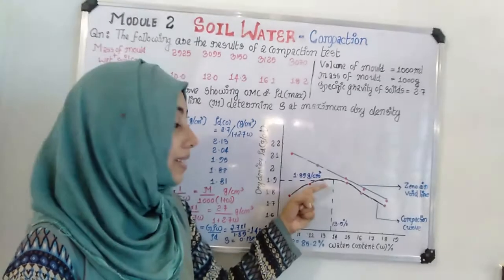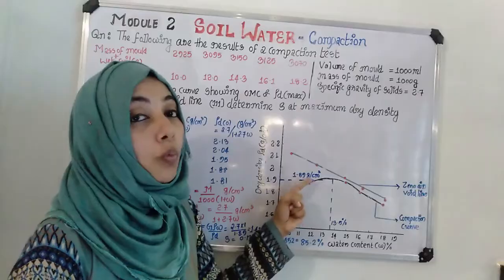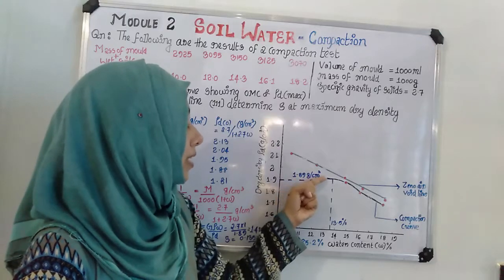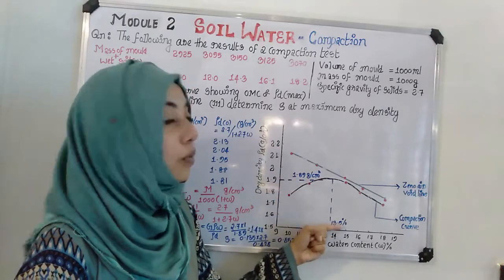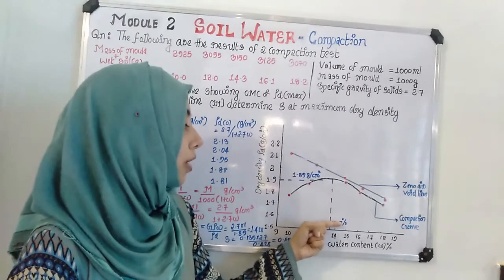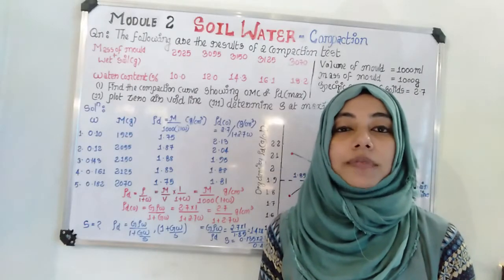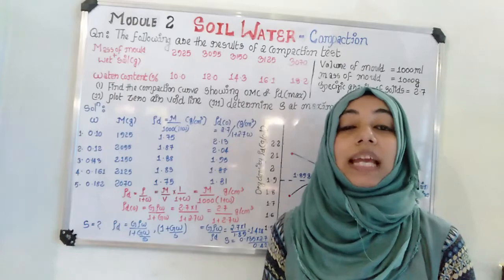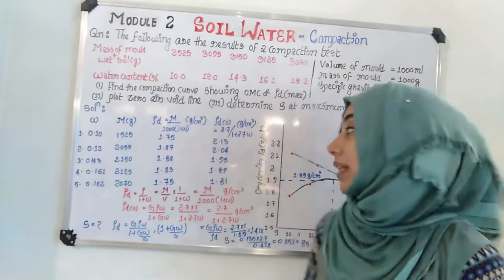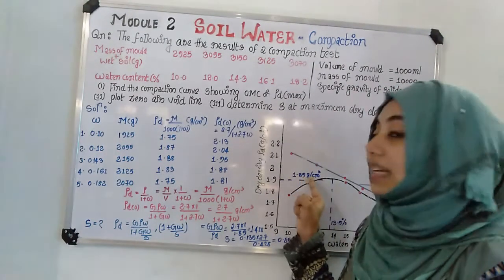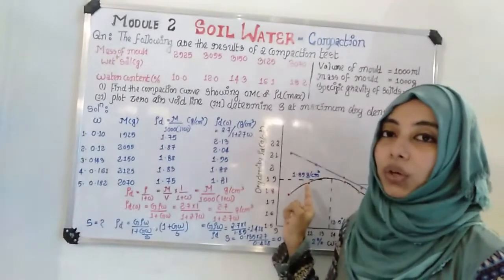So our maximum dry density is 1.89 gram per centimeter cube, and our optimum moisture content is 13.5%. We have to find the degree of saturation corresponding to the maximum dry density, that is, for 1.89 gram per centimeter cube.